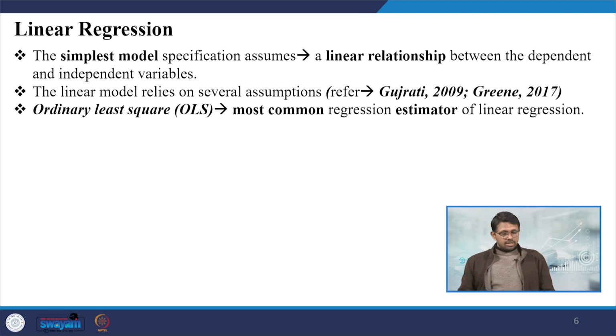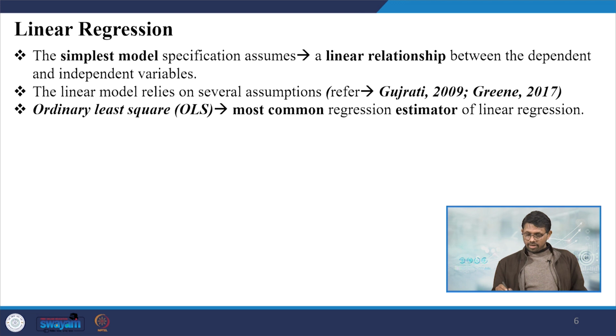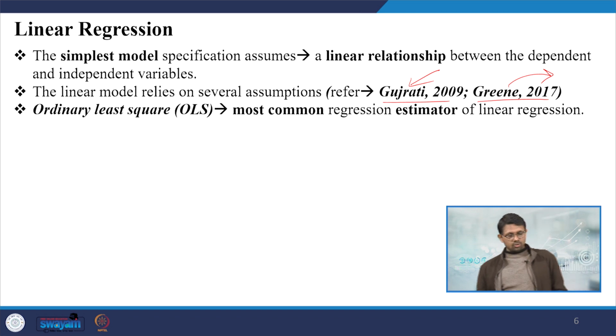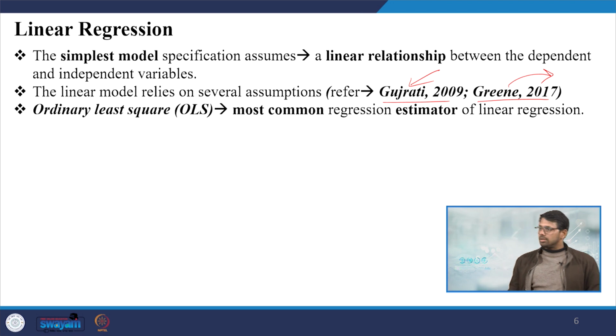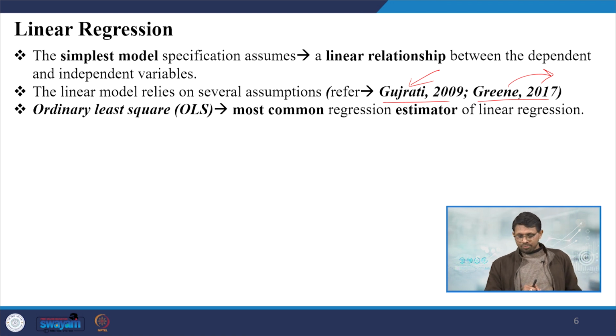The linear model relies on several assumptions. You need to refer to Gujarati, even the latest books can also be referred. Green, as I already mentioned, for the equation to be written in matrix form. So, the ordinary least square method is considered to be the most common regression estimator, where the square of the error term is to be minimized to the very lowest level, so that whatever projection we do, the error term is at a very low level.